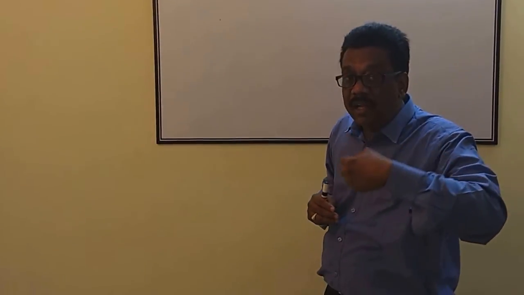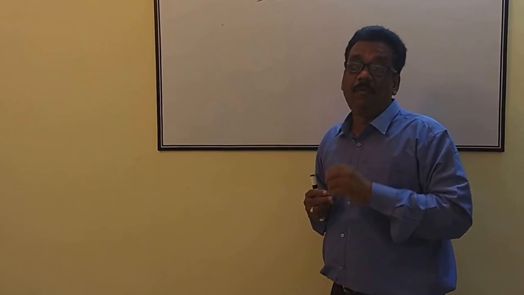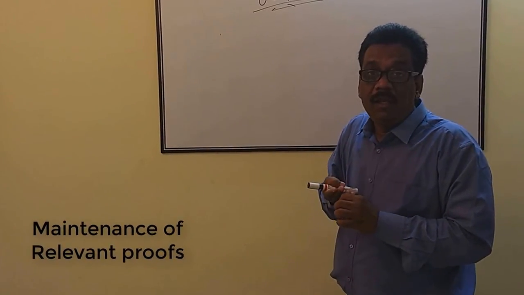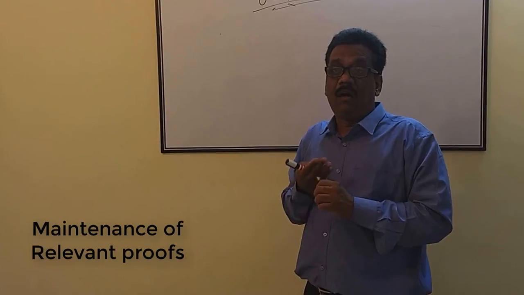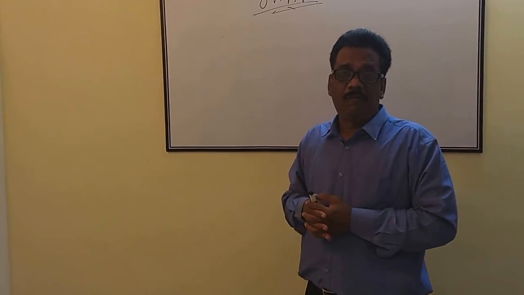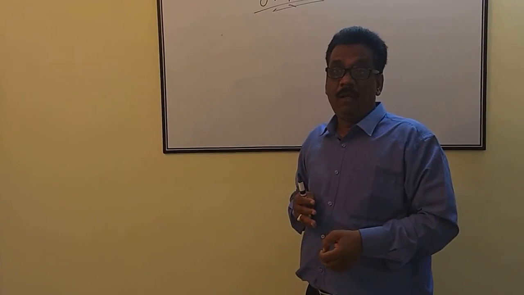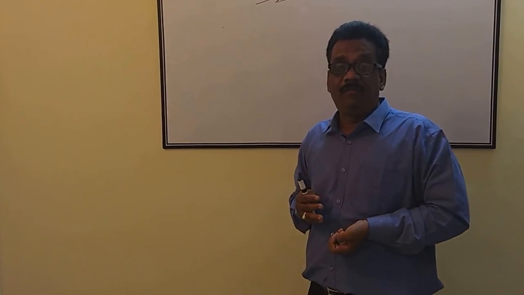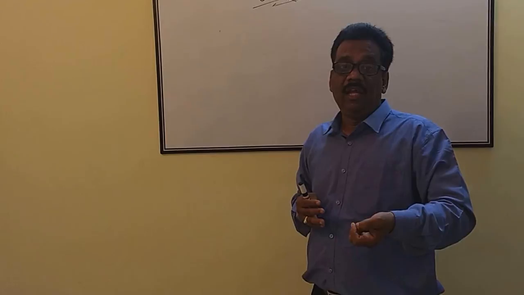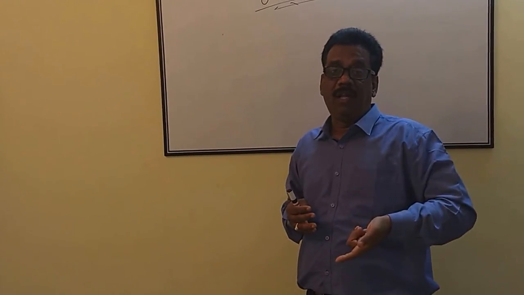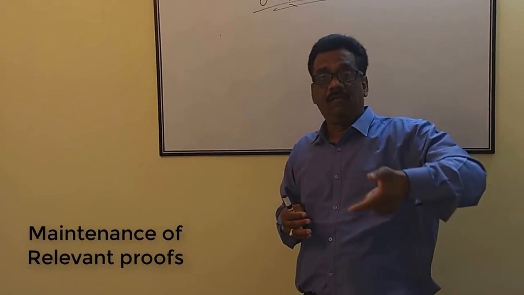Not only recording the transactions in the books, the relevant proofs shall also be maintained by the accountant, in files or whatever form. If the proof of expenditure and proof of receipt are maintained, then only relevancy exists. Otherwise, it may mislead the reader or the follower.